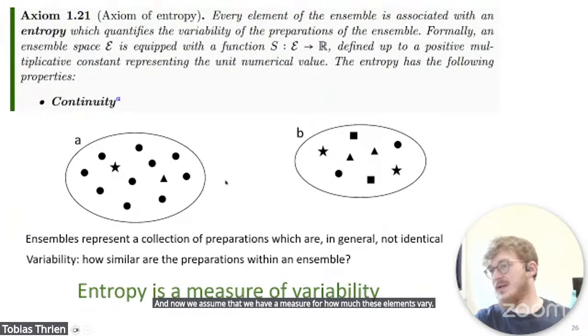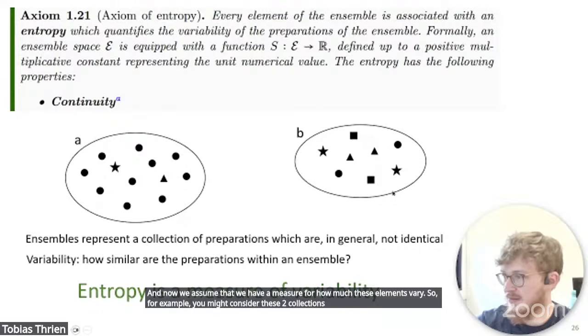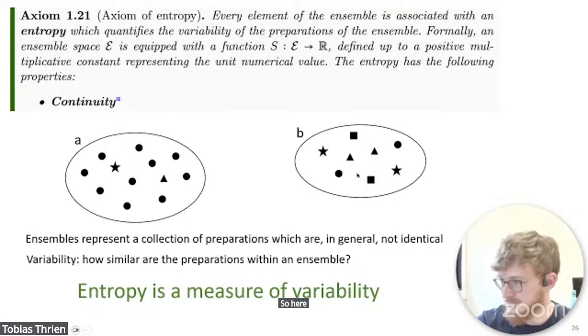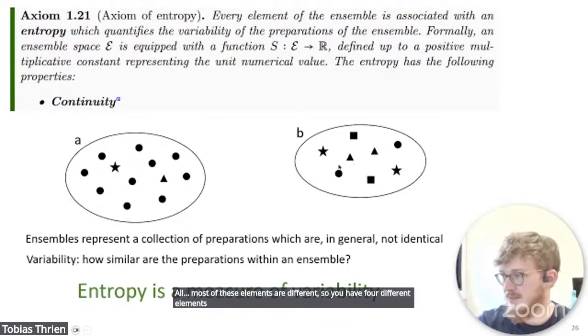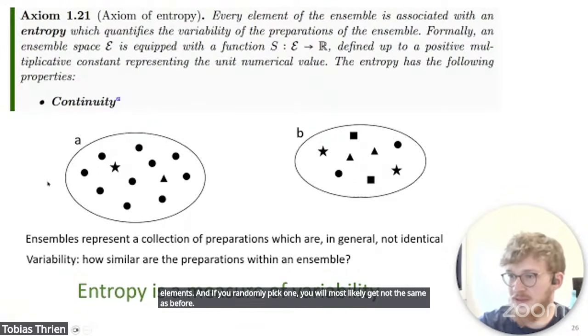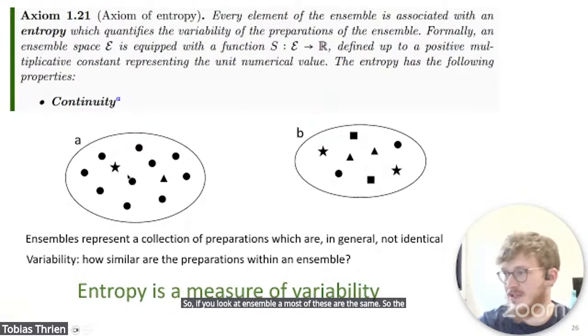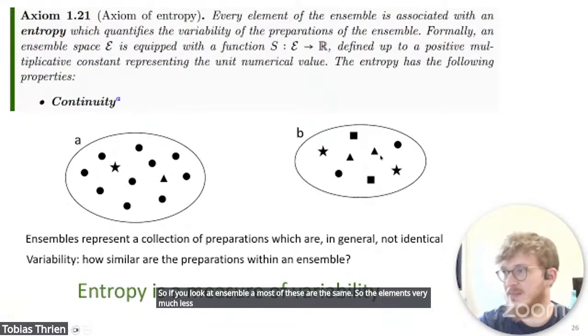So, for example, you might consider these two collections. Here, in ensemble B, most of these elements are different. So you have 4 different elements, and if you randomly pick one, you will most likely not get the same as before. If you look at ensemble A, most of these are the same. So the elements vary much less than the ones in B.